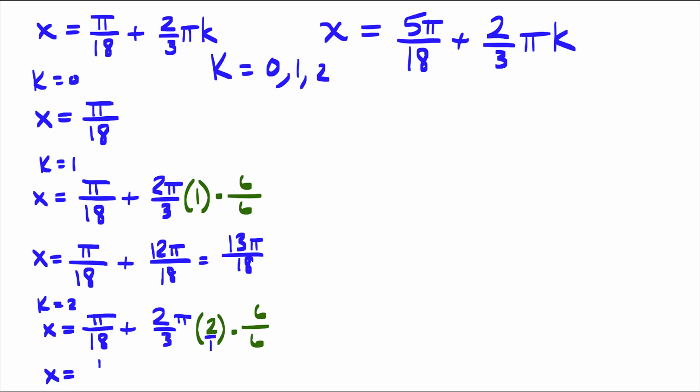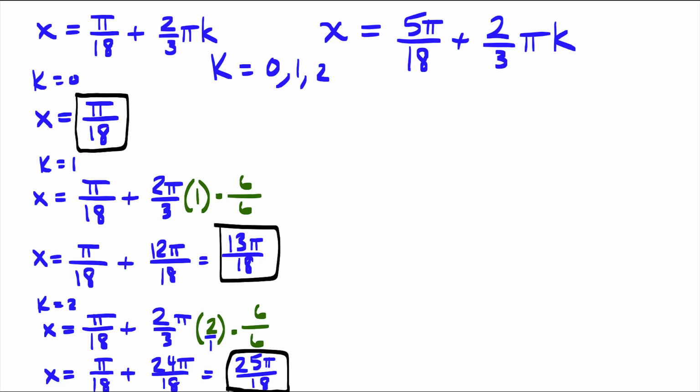So pi over 18 plus 2 times 2 is 4, times 6 is 24 pi over 18. And voila, the final answer here is 25 pi over 18.